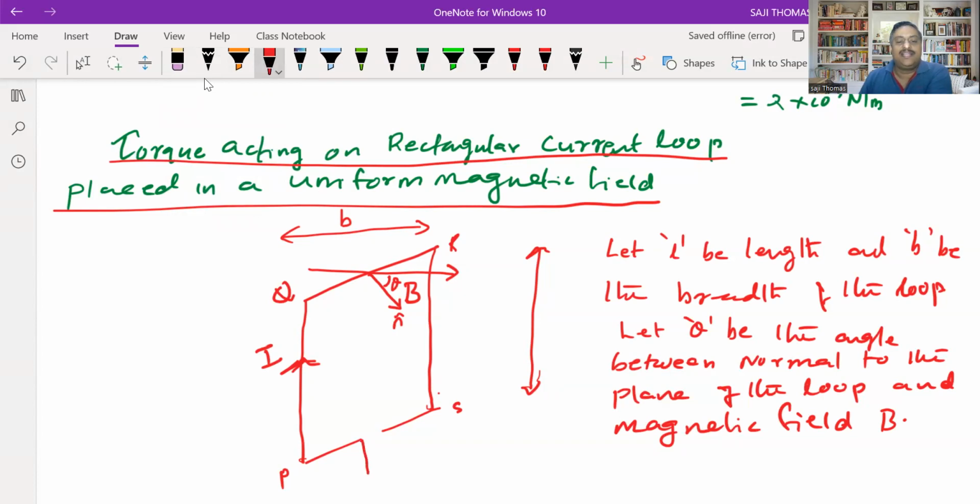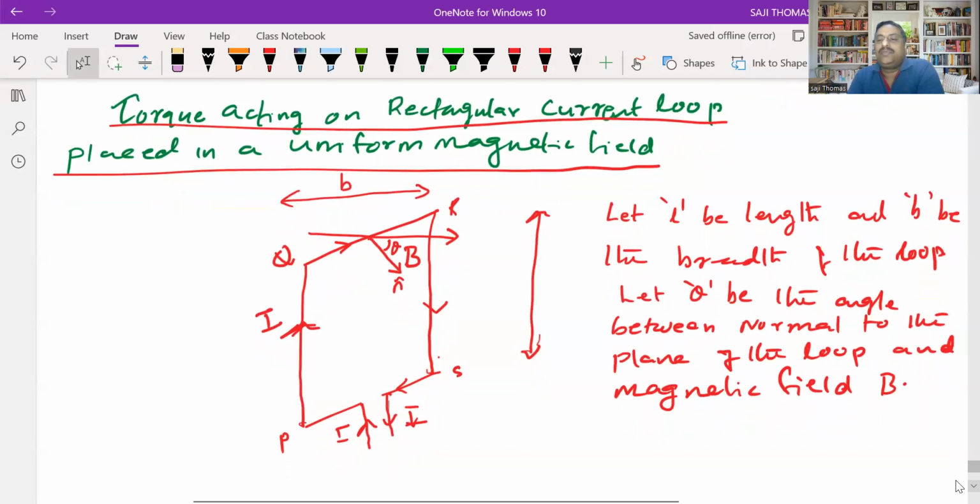This current is entering through this end, leaving like this. So current is circulating. Through the arm PQ, current is upward, and through the arm RS, current is downward. See the direction of current.